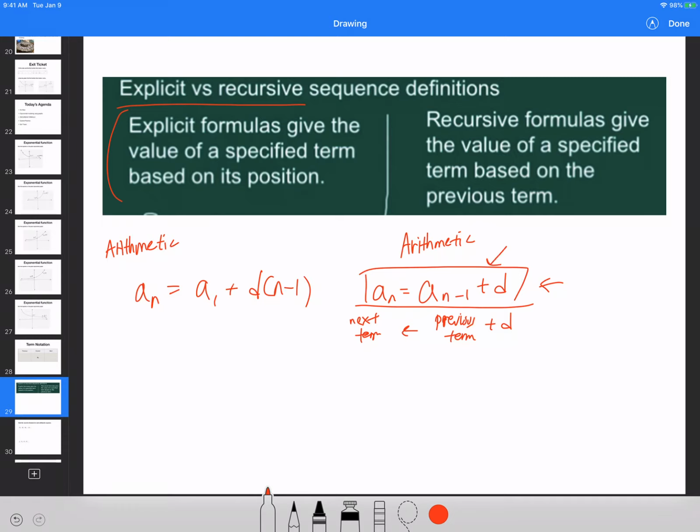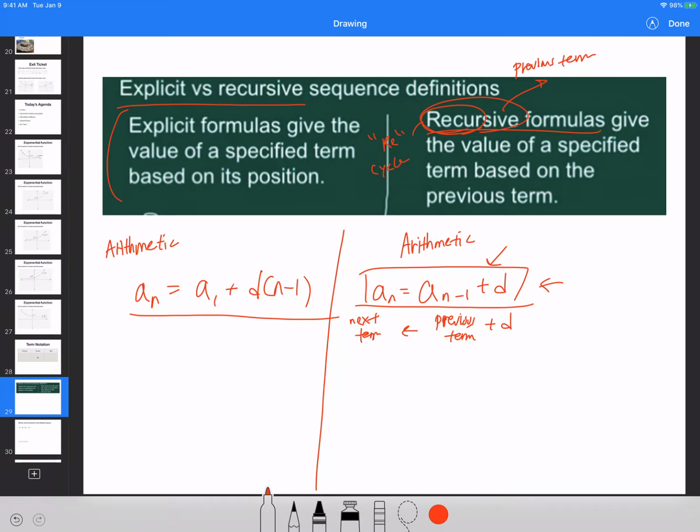However, there are two different ways to write it. So what's the point of writing a recursive formula when we're already given the explicit formula? The recursive formula always uses what we call the previous term, and it's recursive, so it means it's recycling. I like to call it recycling the previous term over and over again to get to the next term.